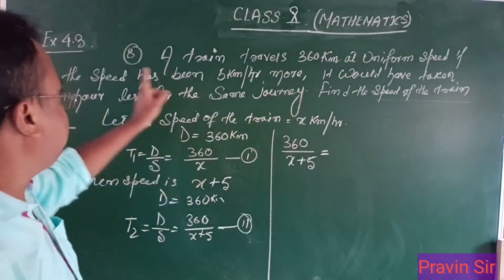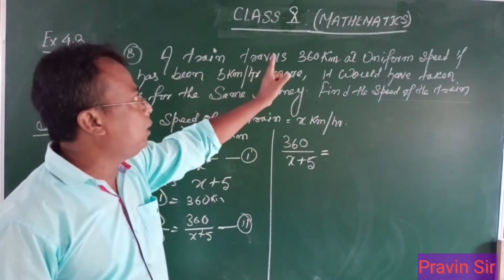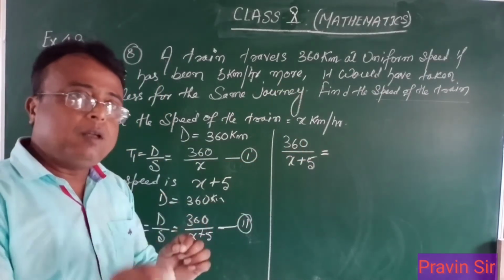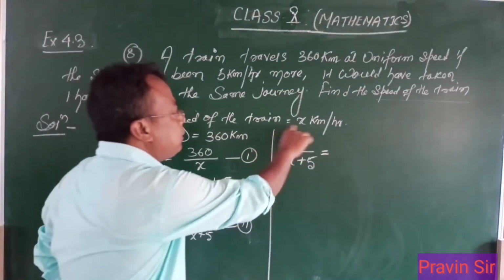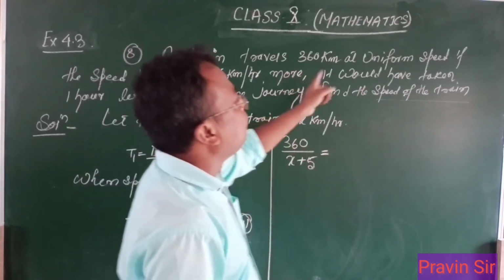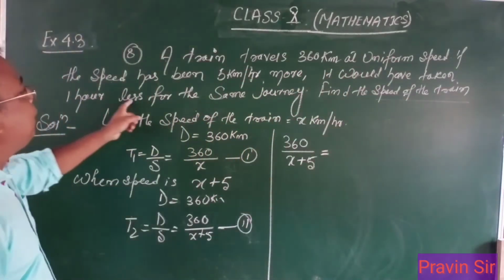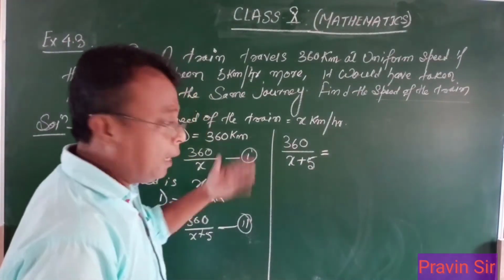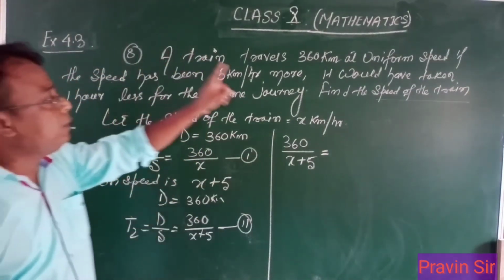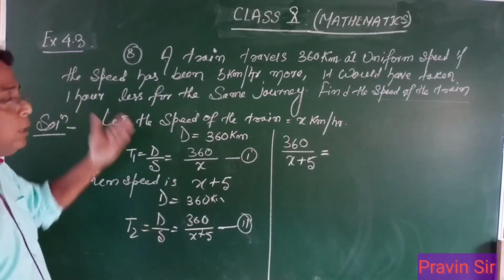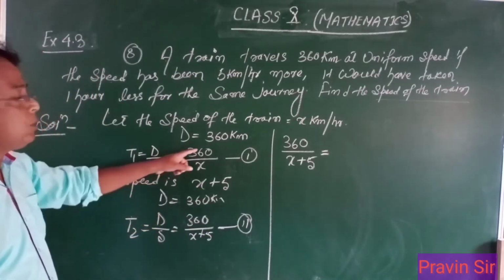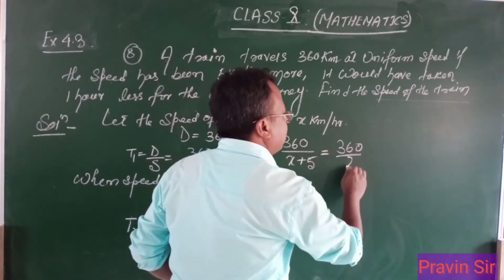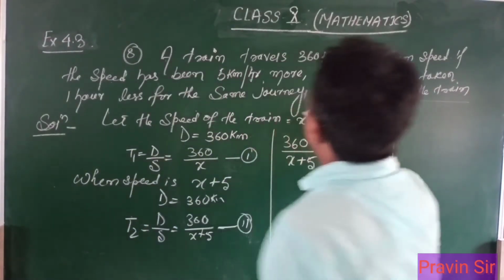You see, if the speed has been 5 km/h more, then this is the time taken. It would have taken 1 hour less for the same journey. So earlier, what was the time when the speed of the train is x km/h? This is 360 by x. So from this, what will 1 hour be?